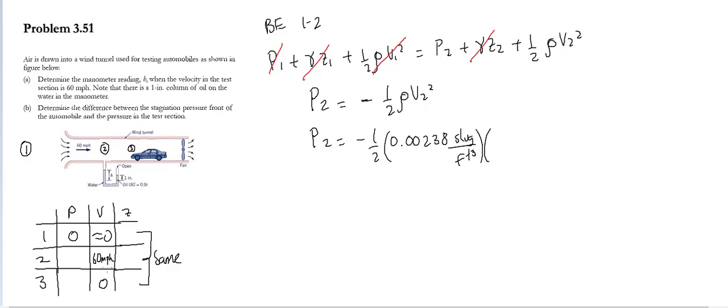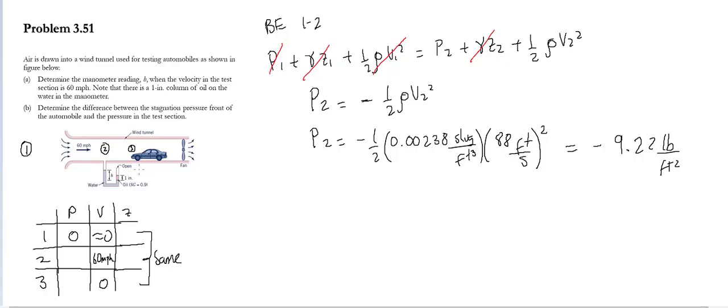And the value of 60 miles per hour is transferred into feet per second and becomes 88 feet per second. And we square it per the equation. And that gives us a value of the pressure to be negative 9.22 pounds per feet square.